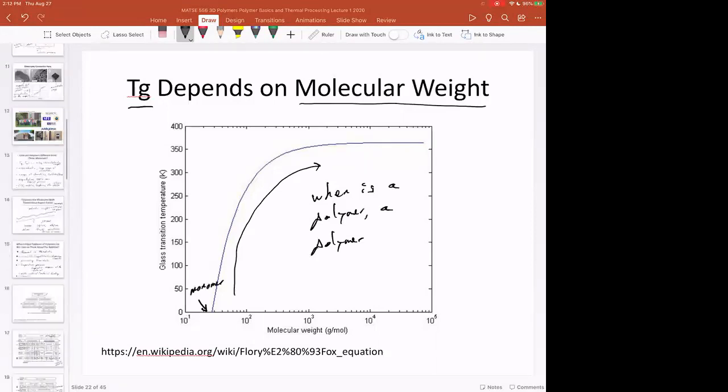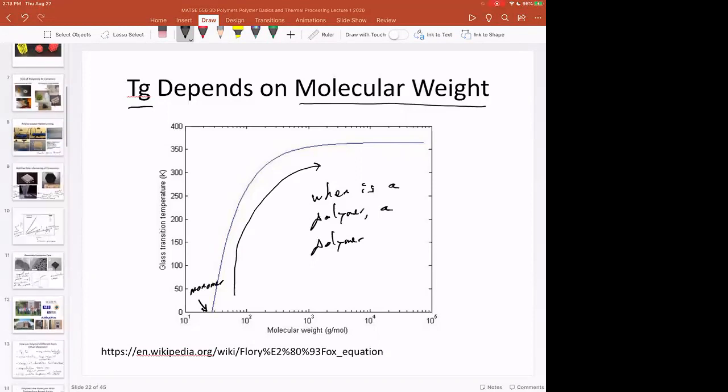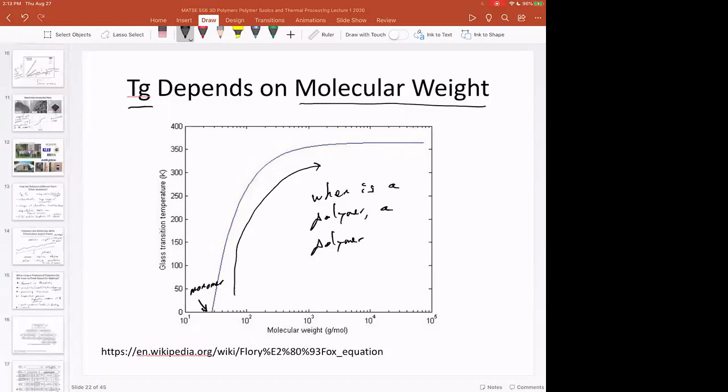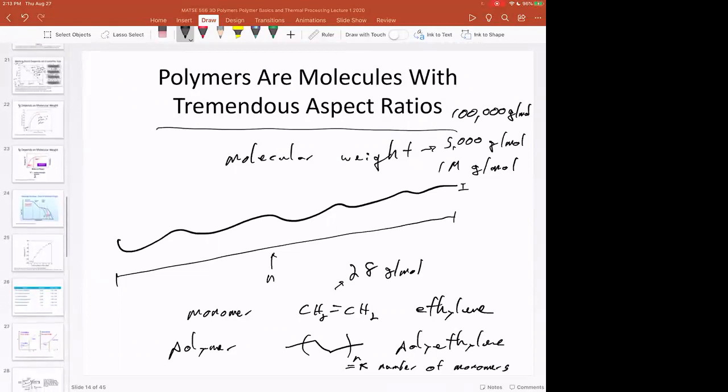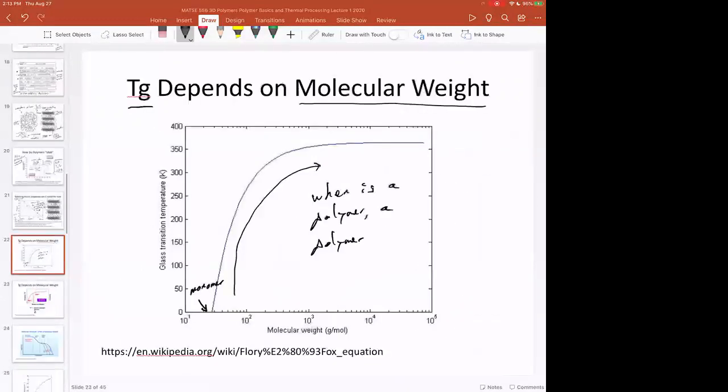And I'll remind you, just like we talked about last lecture, if we're interested in ethylene or polyethylene, we start with a monomer that has a molecular weight of 28 grams per mole, and we can make polyethylene that's 1,000, 100,000, a million, 10 million grams per mole. And that's illustrated by this diagram right here. So we have monomer, and then we have polymer.